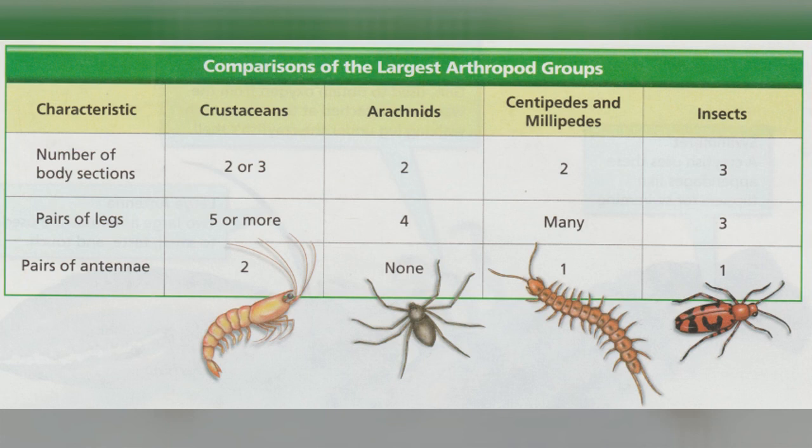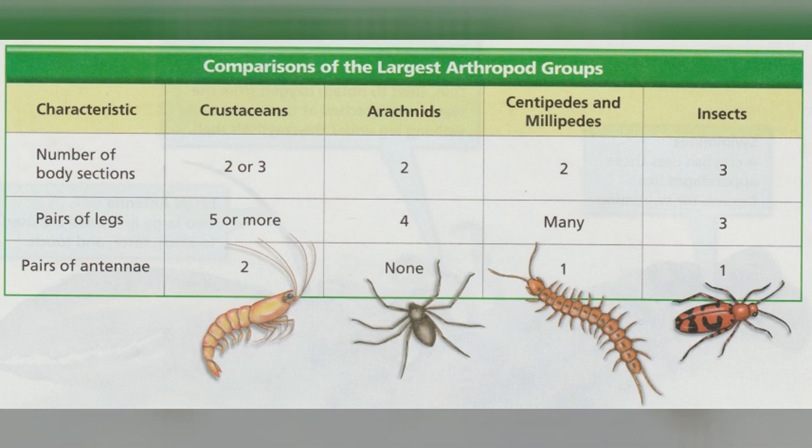You can also see a comparison of how many pairs of legs each type of arthropod has. Crustaceans tend to have 5 or more. Arachnids usually have 4 pairs, I'm sorry, it would be 8 legs, but 4 pairs. And the centipedes and millipedes have many. We don't even bother counting.